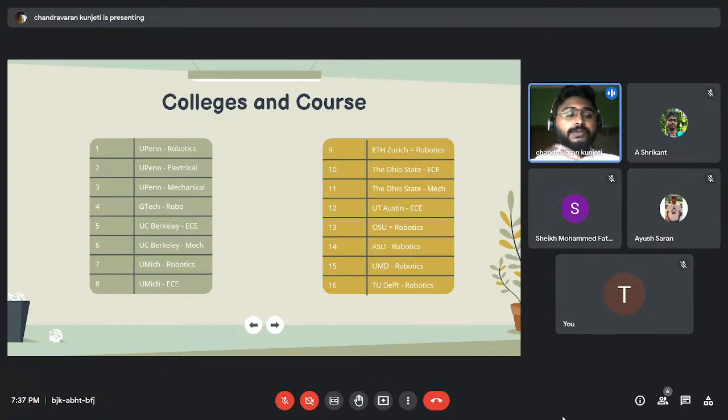There is also one more stat. For example, Georgia Tech Robotics is really well known, but the program is also really new. It started around 2 to 3 years back, and the intake for new programs is also really low. In Georgia Tech Robotics, they have 5 different specializations, but in each of these they take only 10 to 15 people. So literally what you're fighting for is 15 seats for 600 applicants.